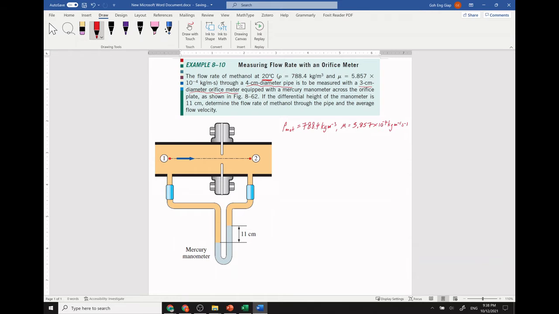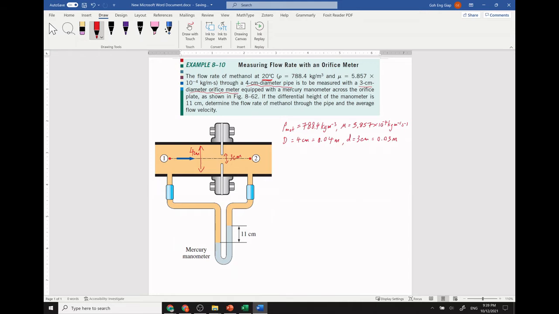So here you have 4 centimeter and here you have 3. So big D is 4 centimeter, which is 0.04 meter, and small d is 3 centimeter, which is 0.03 meter.